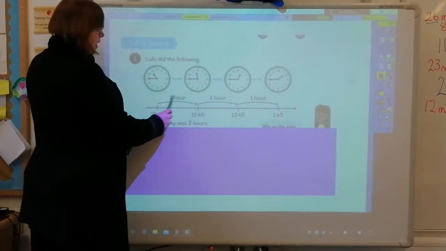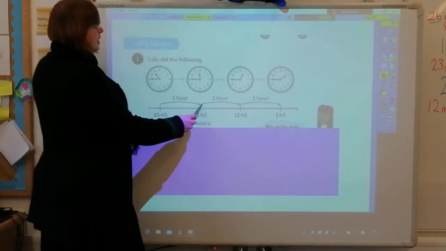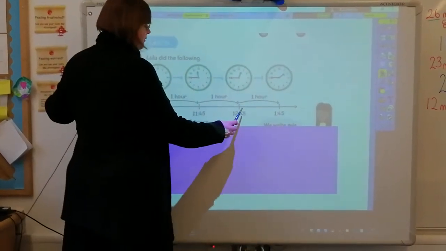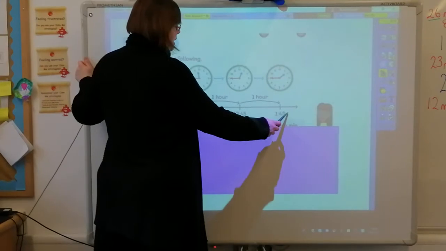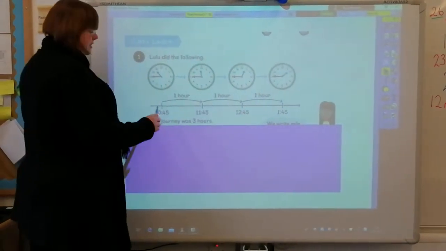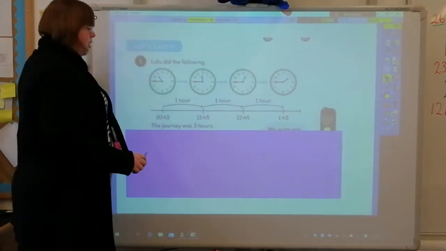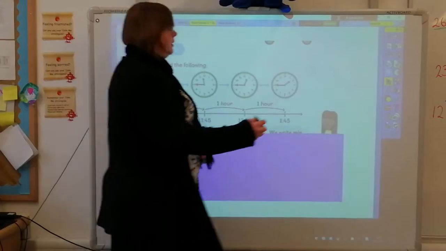So 10:45 add an hour is 11:45. Adding on an hour is 12:45. Adding on another hour is 1:45. Counting your jumps to get the answer, it would be 1, 2, 3. So the journey took 3 hours.